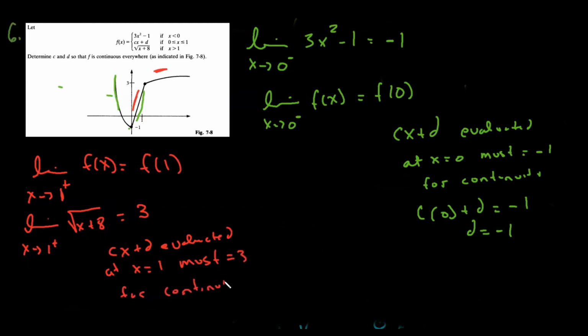Right? So c times 1 plus d, and we know that d is negative 1 from before, equals 3. And from this, we find that c is equal to 4. So now we found our middle segment here. It's going to be 4x minus 1.